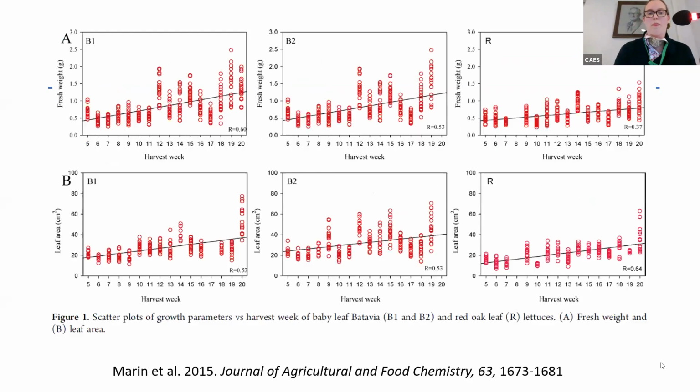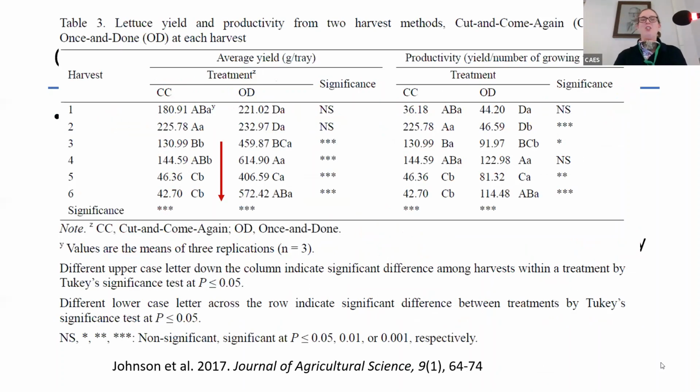So this study looked at 3 varieties of lettuce, and they actually found that yield increased over the study period. Although this is the extent of their analysis of that data. So I'm skeptical about these results, actually, especially compared to this study, which also looked at lettuce.